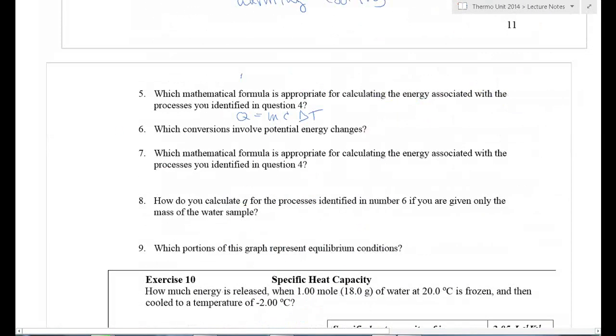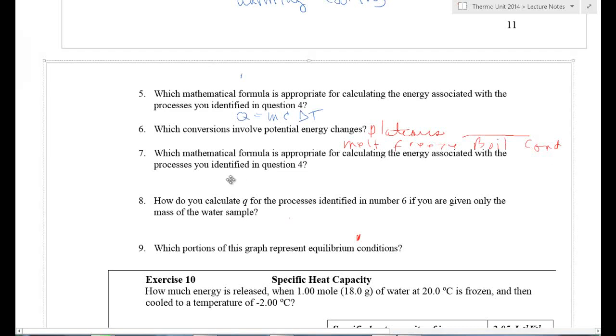Okay, so these are at the plateaus, which is all the phase changes: melt, freeze, boil, condense, sublimation, all of them. That's where potential energy is being changed. Kinetic energy is being changed when temperature changes. There's no temperature change here, so these are just potential energy changes caused by disrupting intermolecular forces.